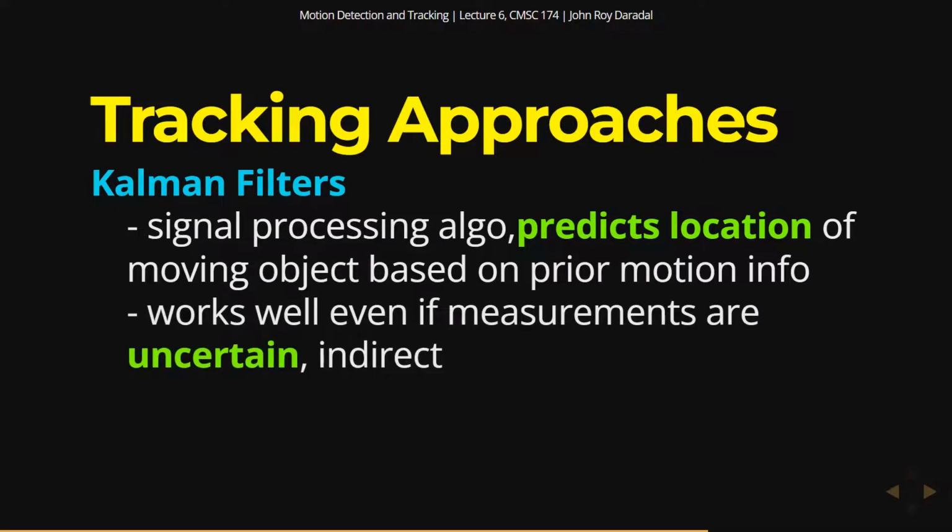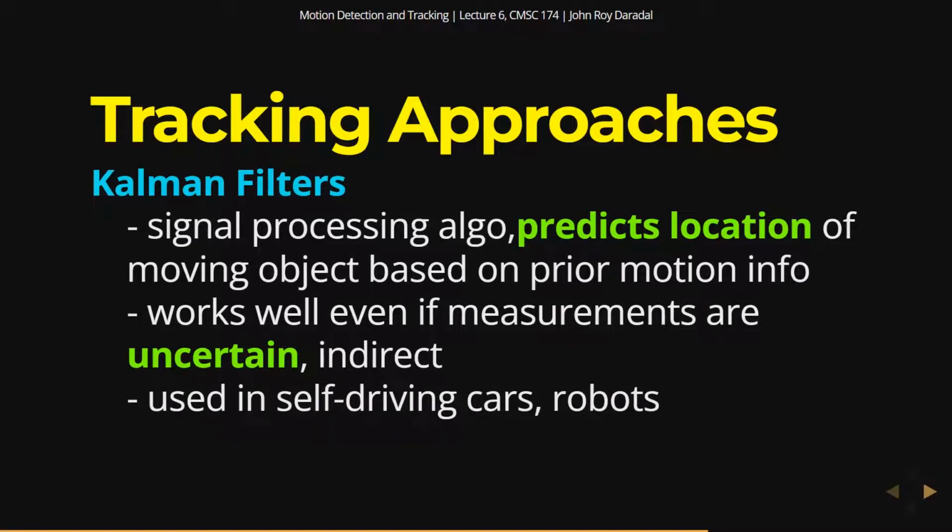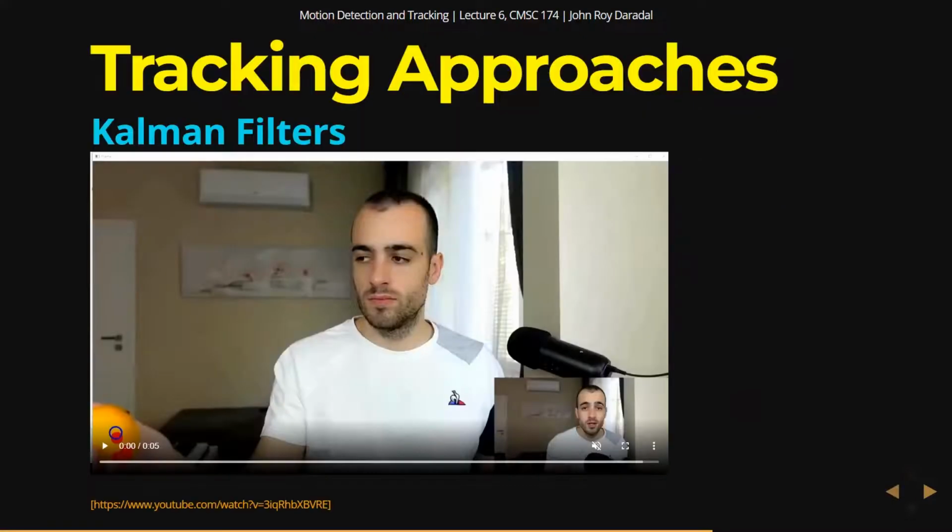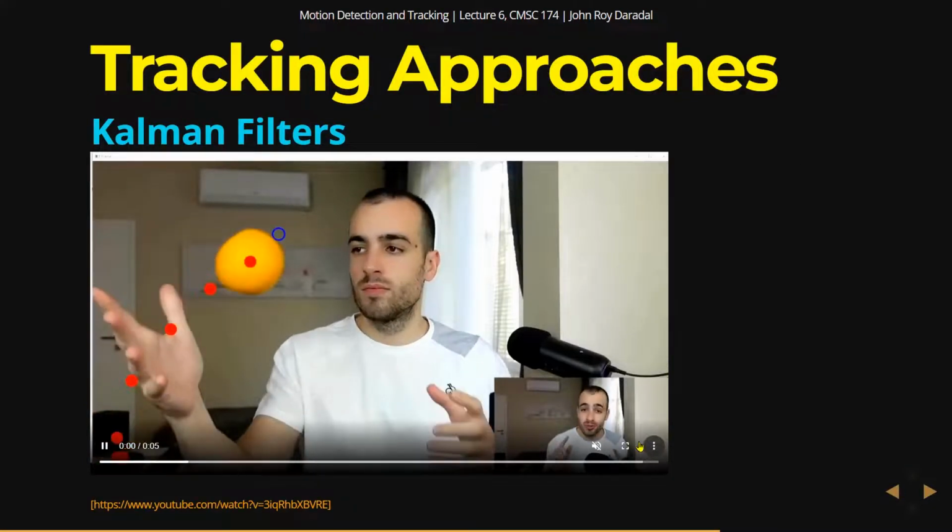It works well even if the measurements are uncertain or indirect, and it's usually used in self-driving cars and robots, for navigation. Okay, so I have a small demo here of Kalman filters.